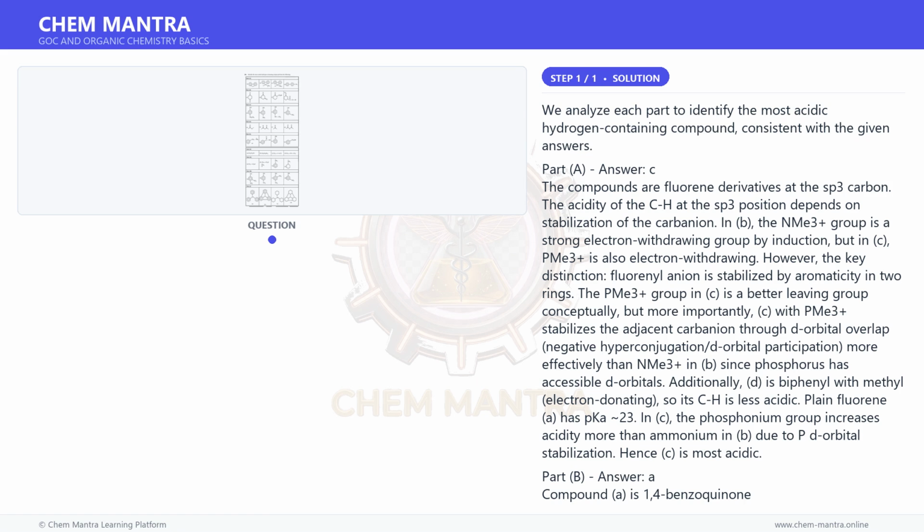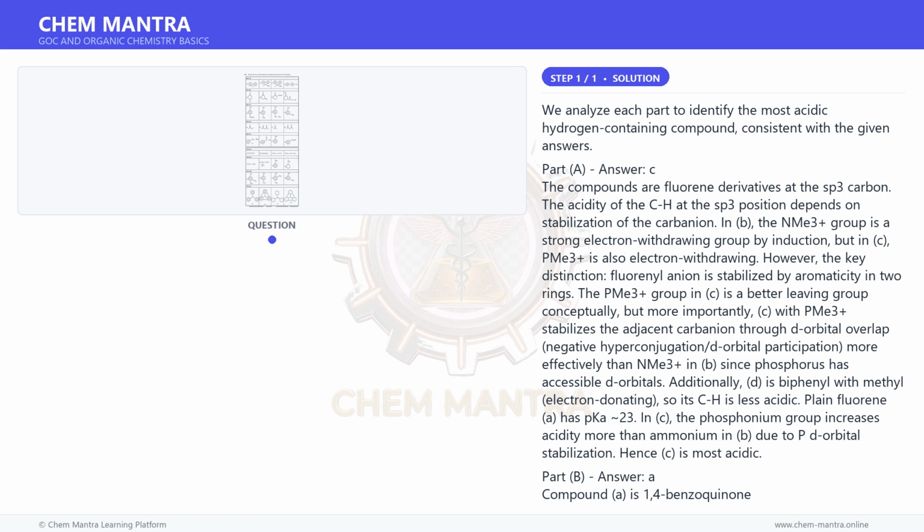C. Acetone has alpha CH3, pKa 20. D. Acetic anhydride has alpha CH3, pKa about 25. Acetylacetone, B, is most acidic due to stabilization of the enolate by two carbonyl groups.